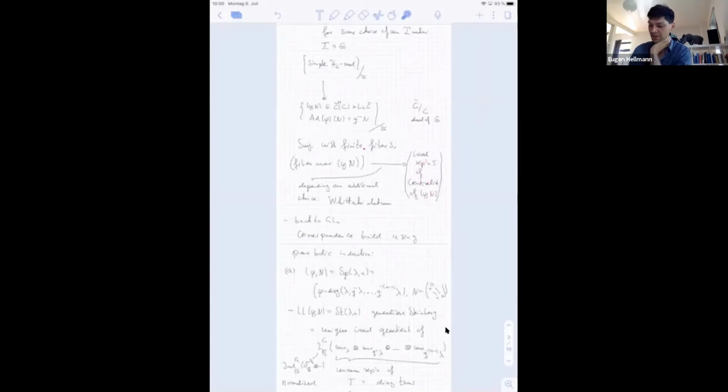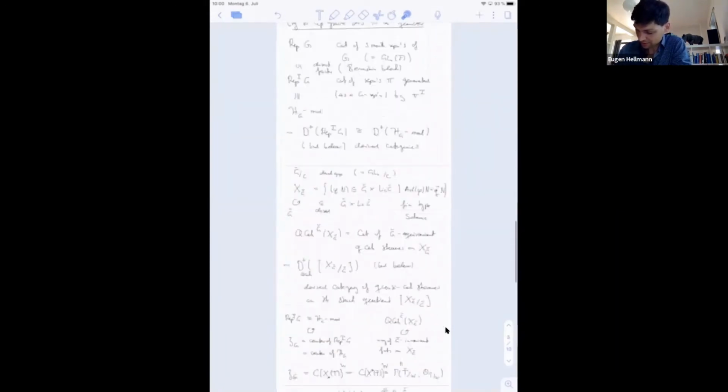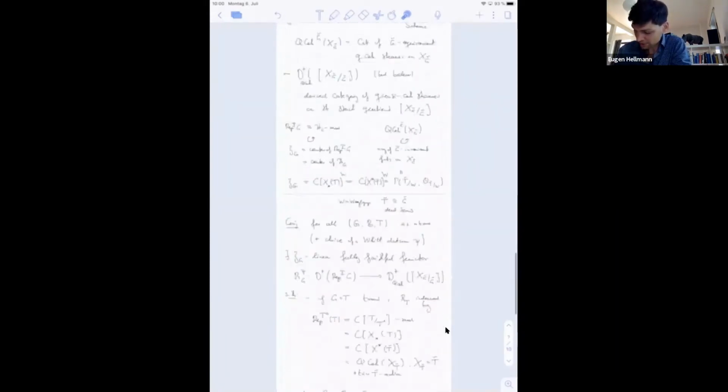So in this sense, you see the structures that you started with in the classification upgraded into equivariant quasi-coherent sheaves. So that was one remark.